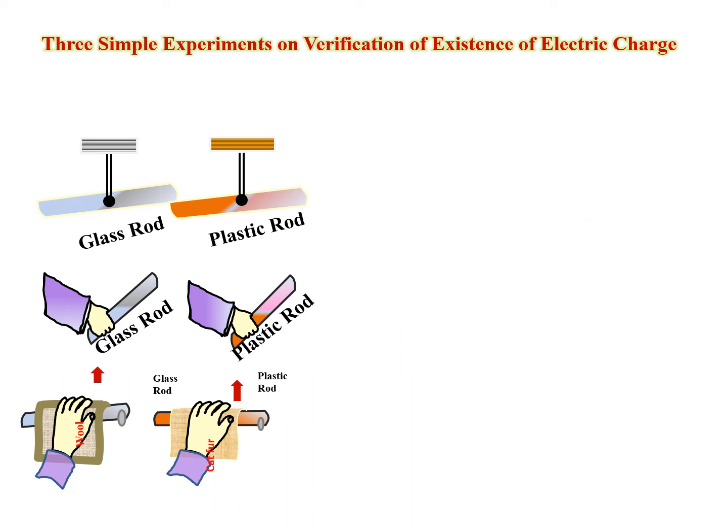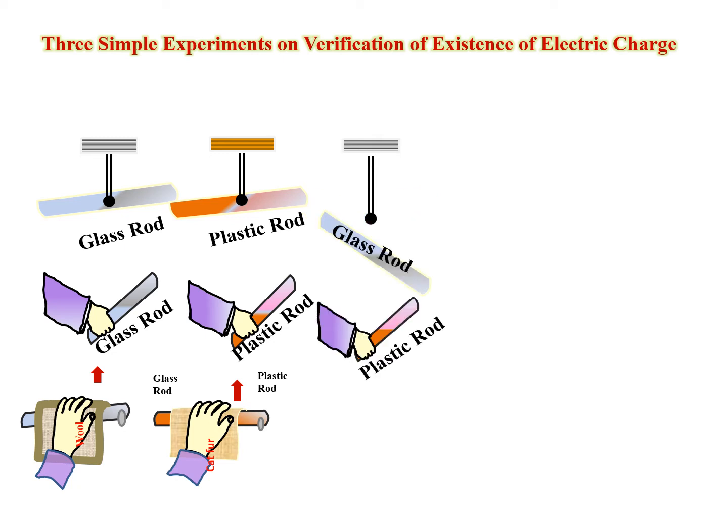Now if we consider the suspended glass rod which is rubbed with wool and place a plastic rod which is rubbed with cat fur very close to it, both of them start attracting each other, hence showing that the glass rod and plastic rod were oppositely charged. It means that charges do exist on bodies when you rub them with wool or cat fur or similar other materials.